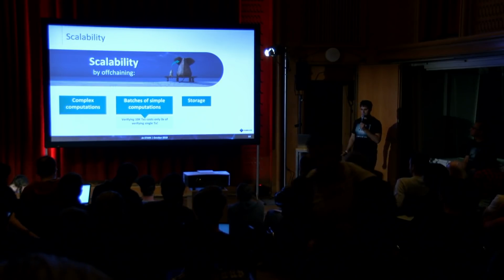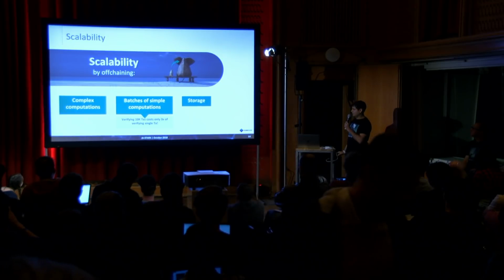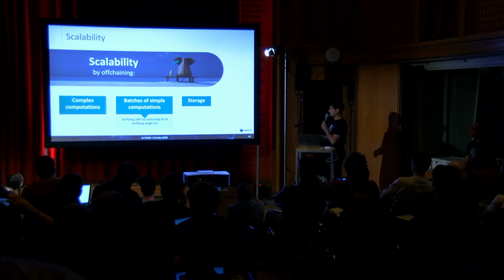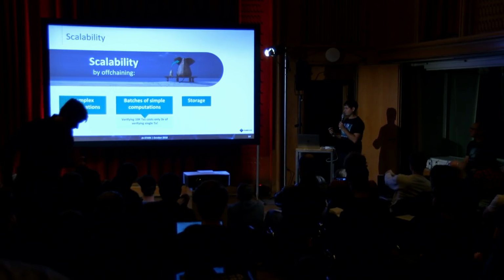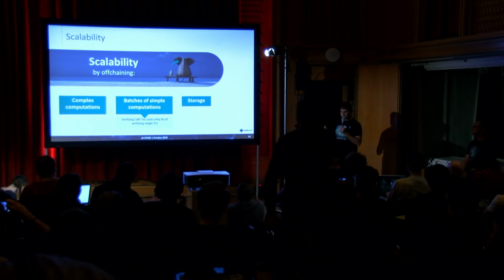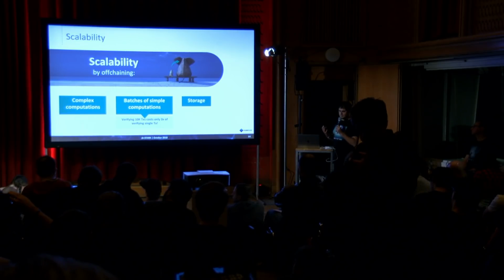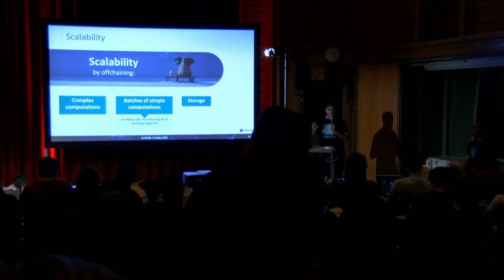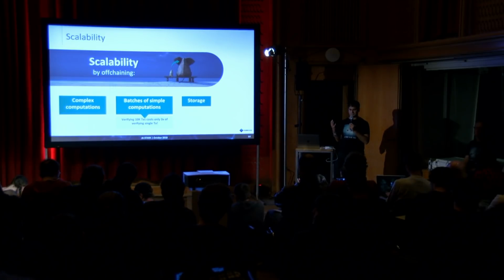So let's talk just about scalability. Stark can provide scalability to blockchain by off-chaining. I will separate it into three cases. The first case is the one of complex computation.